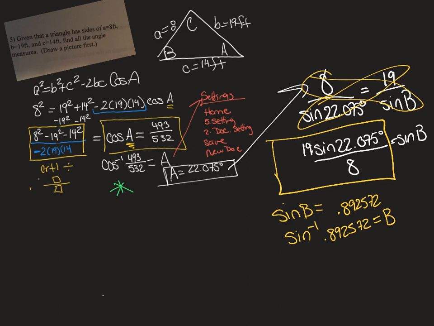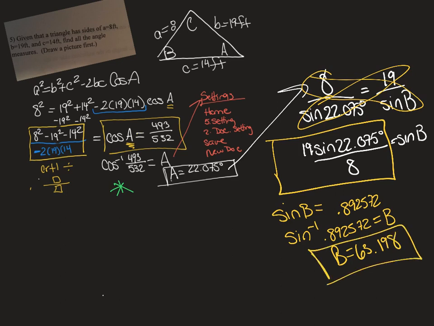So you're going to press the trig button and grab your arc sine, and then you can press your control button and the negative sign, not the minus, but the negative sign, and it will grab the answer for you. And it should tell you what your answer is. I got B is equal to 63.198.